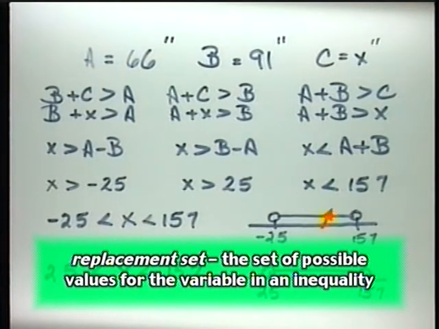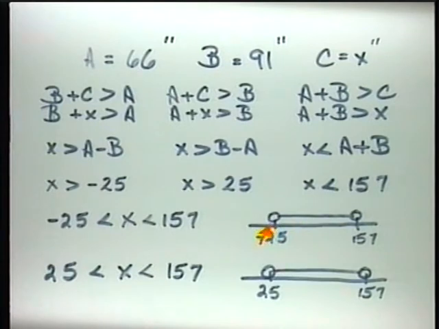The replacement set for our first compound inequality comes from this particular area. If we take any number from this area in the number line, substitute it back into our first inequality, we'll end up with a true statement.